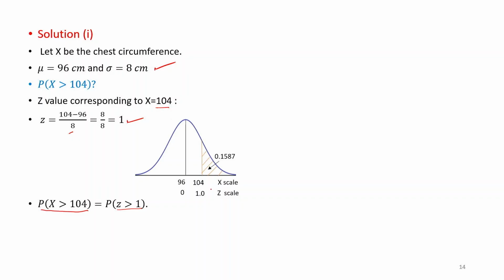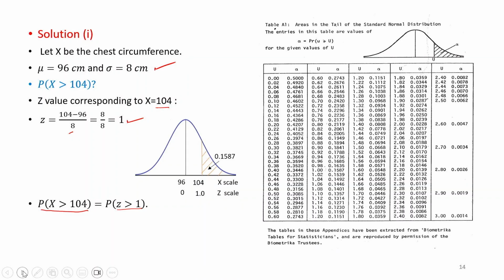And what we need to do now to find it out, I need to consult the table, standard normal distribution table, where the z values are given. For different Z values, the area of the curve is also stated. Area is alpha. So now let us see where is the Z value 1.